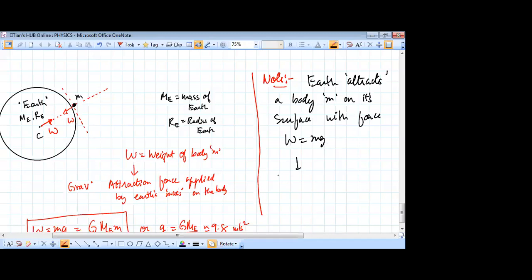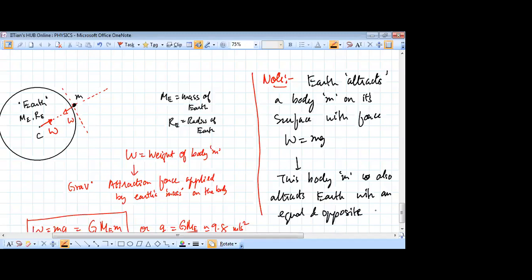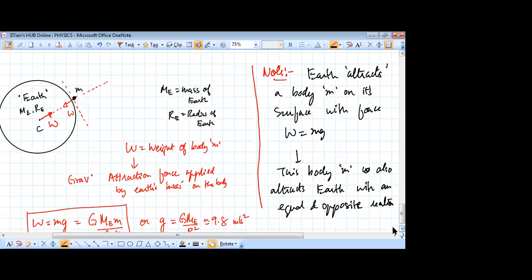Okay. This body of mass M also attracts Earth with an equal and opposite reaction force.